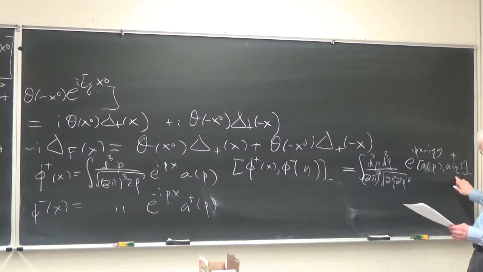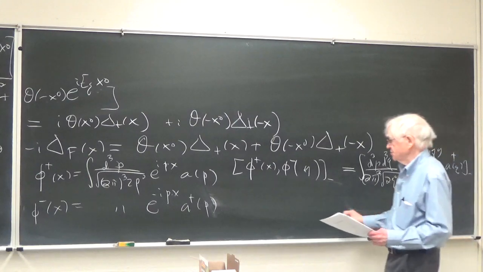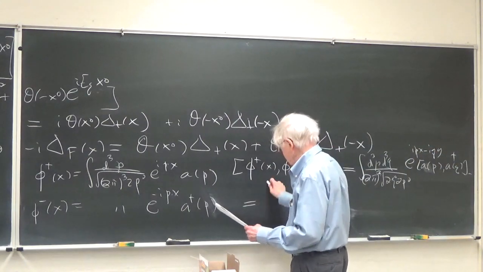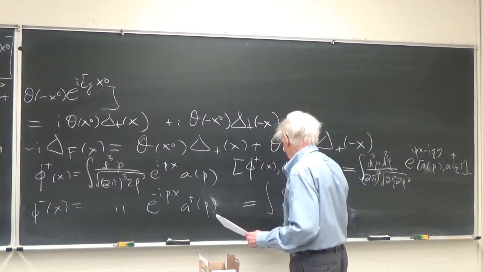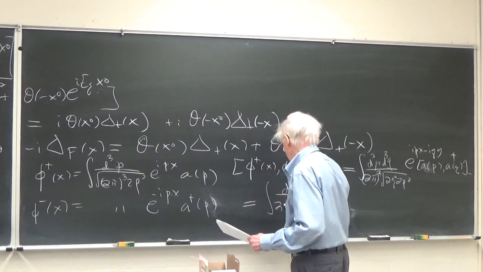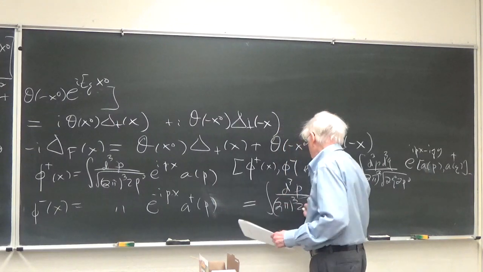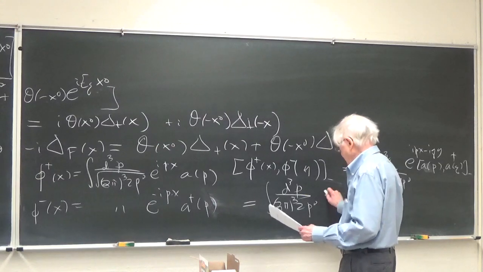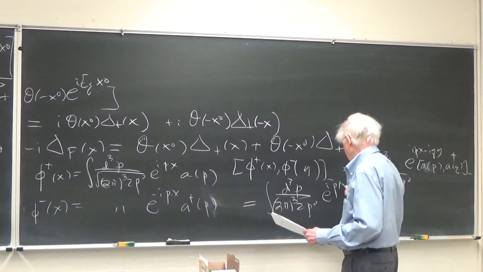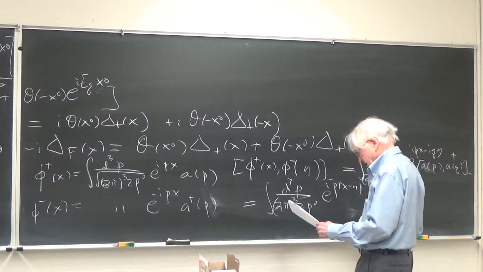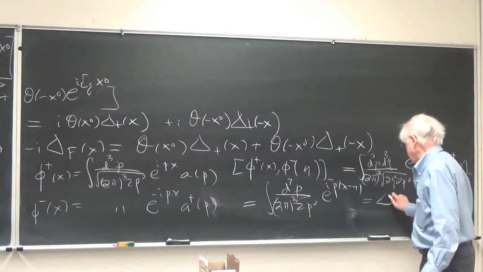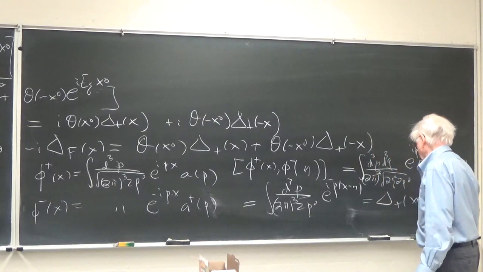This gives you a delta function, and so this just collapses into an integral d cubed p, 2 pi cubed, 2p0, e to the I p(x minus y), and this is what we call delta plus of x minus y.